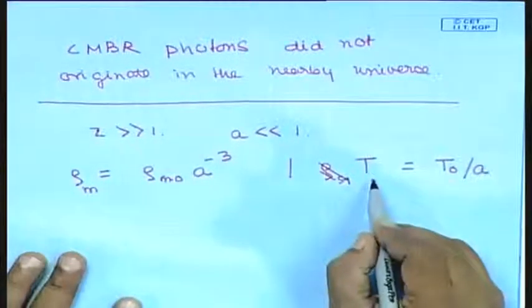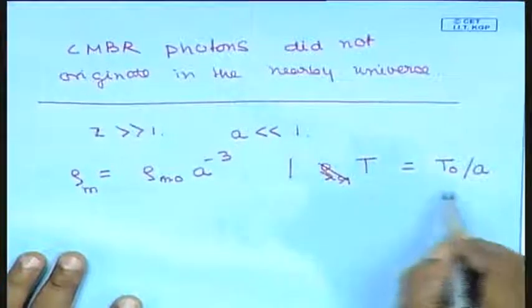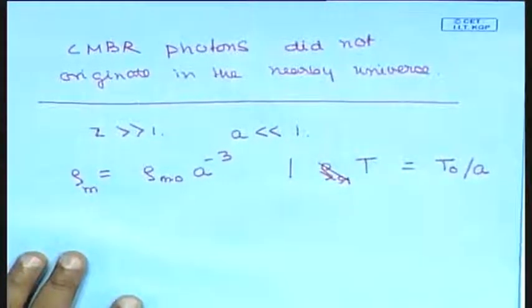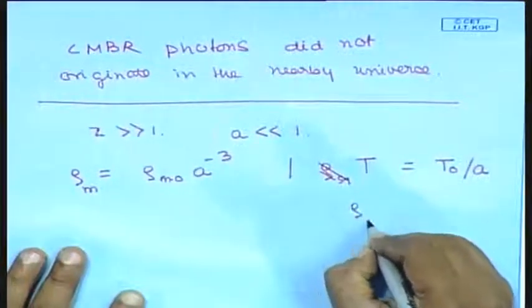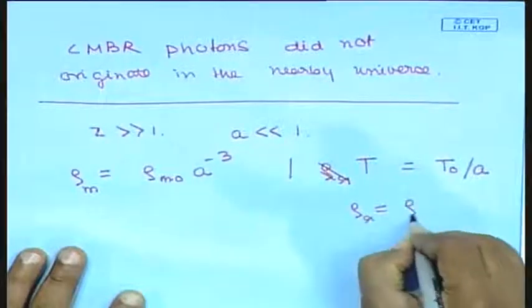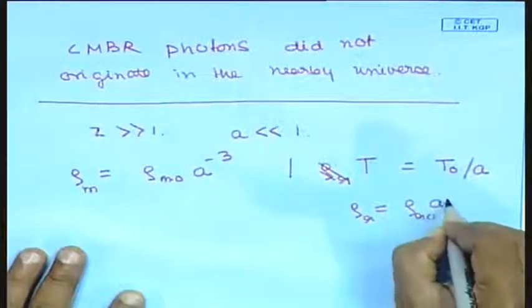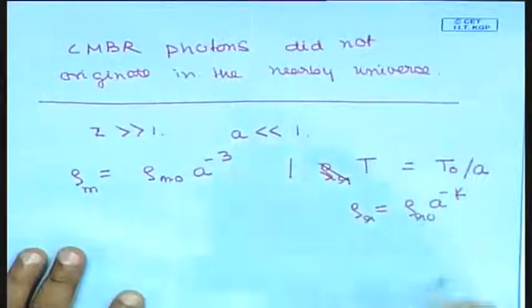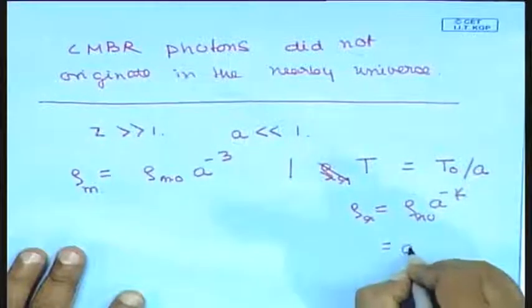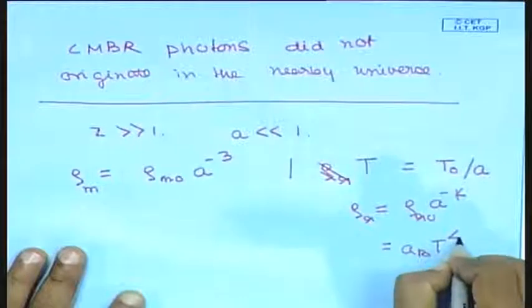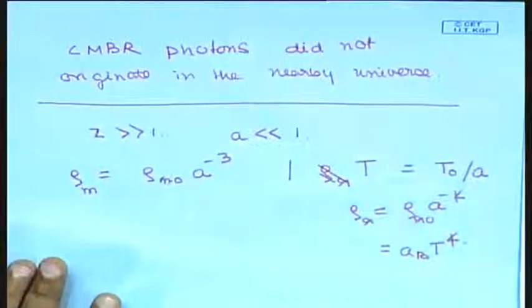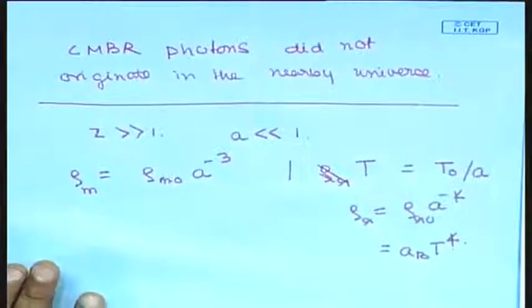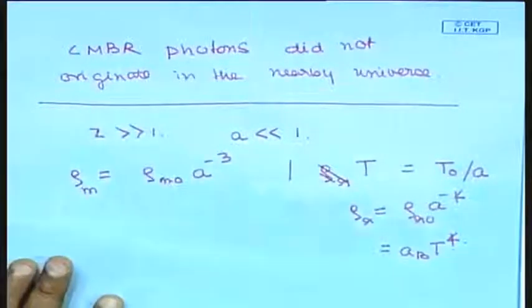The temperature of the CMBR, temperature into scale factor is a constant, which we have seen by looking at the energy density. We know that the energy density scales as rho r naught a to the power minus 4, this we have worked out, and we also know that this is equal to a b T to the power 4. So from these arguments it is quite clear that the temperature into the scale factor is a constant.